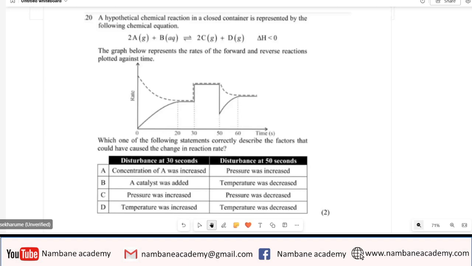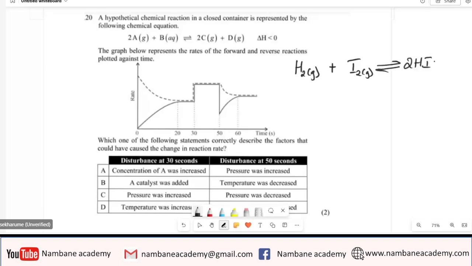So if I have a reaction like H2 as a gas plus I2 as a gas, forward and reverse, giving 2HI as a gas, you can see I'm having 2 volumes of gas on each side.